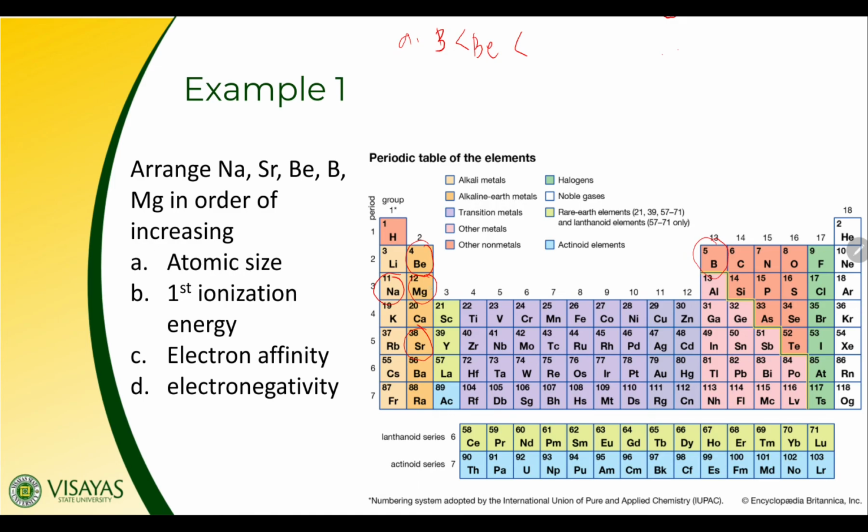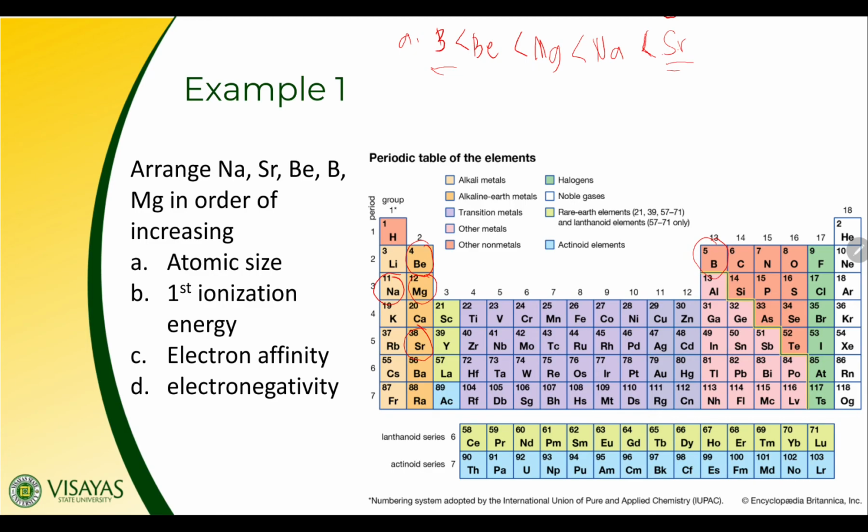The one on the right is magnesium, so that should have the smaller size as compared to the element on the left, which is sodium. And our largest atomic size is strontium, okay, from the given. So again, when we say increasing, we start with the smallest size and we end with the largest size.